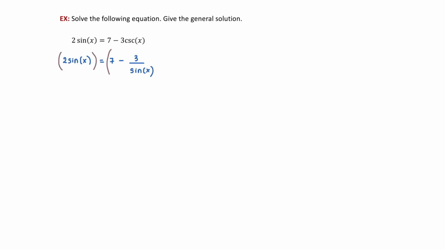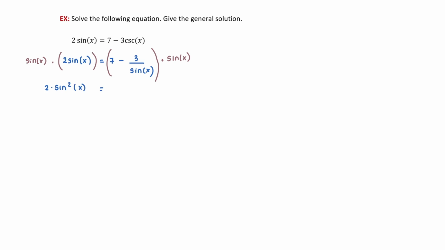The left side and the entire right side will be multiplied by the denominator that I'm trying to get rid of, by sine x. And then the same thing over here. This will be multiplied by sine x. So then, on the left side, we are going to have 2 times sine squared x.